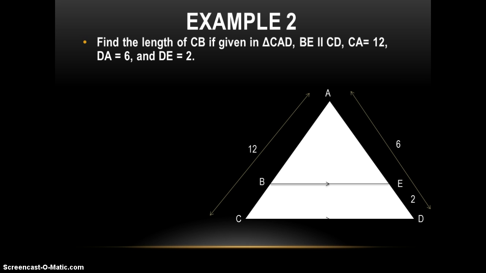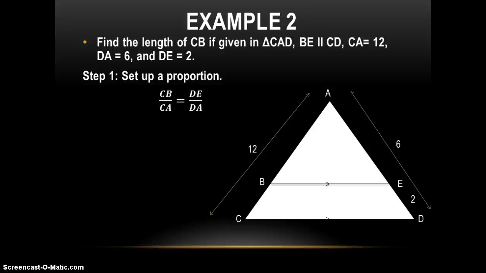So example 2, we want to find the length of CB if given in triangle CAD, BE is parallel to CD, CA equals 12, DA equals 6, and DE equals 2. So the first thing we want to do is set up a proportion.